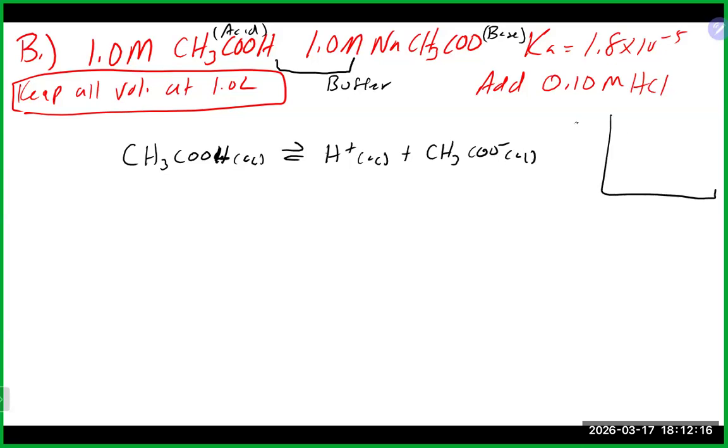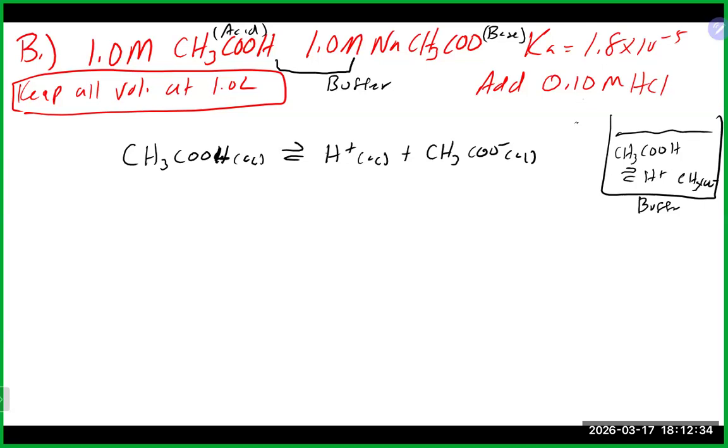In your beaker of buffer, you have that weak acid setting up that equilibrium with a little additional acetate dumped in there to begin with.